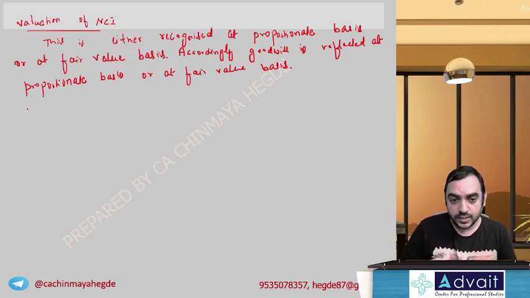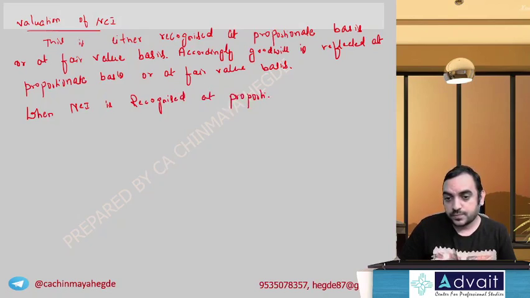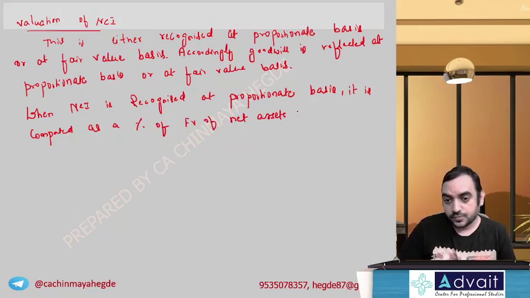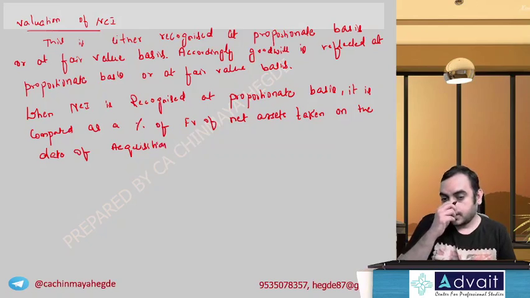Okay, then write down: when NCI is recognized at proportionate basis, it is computed as a percentage of the fair value of net assets taken over on the date of acquisition.